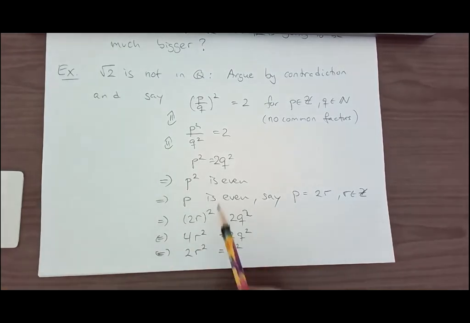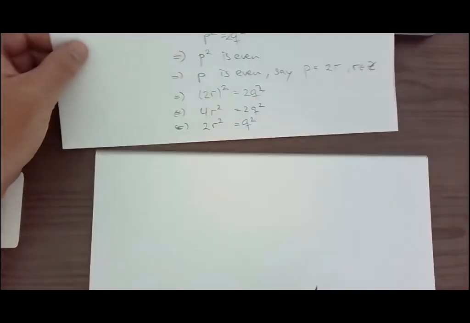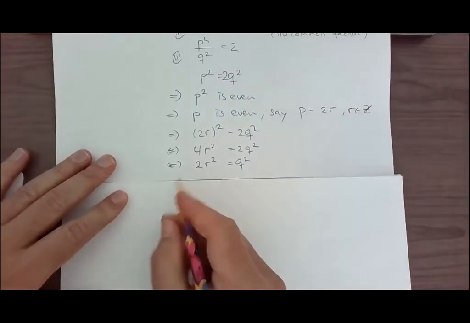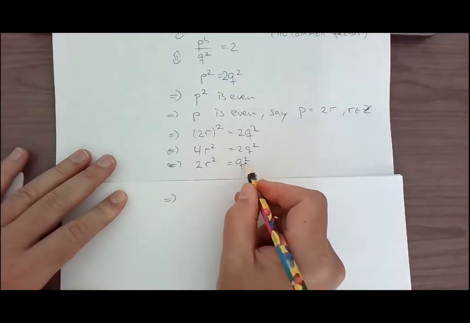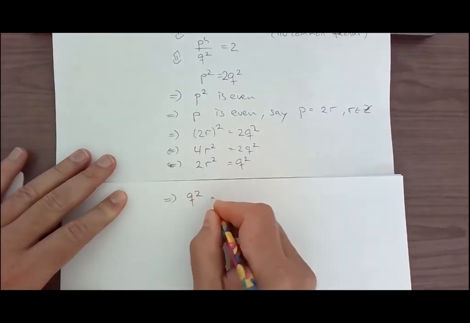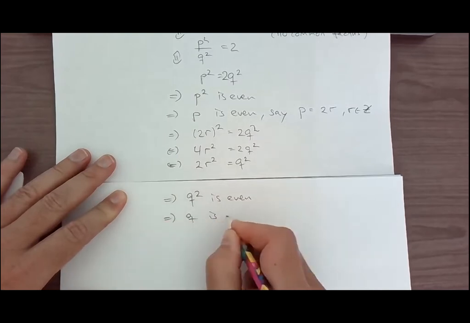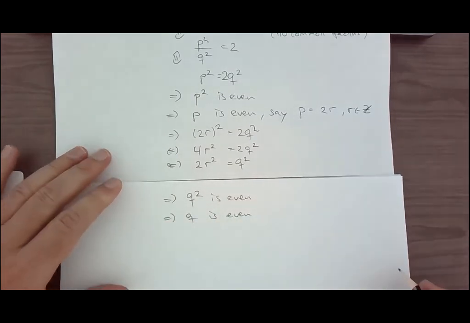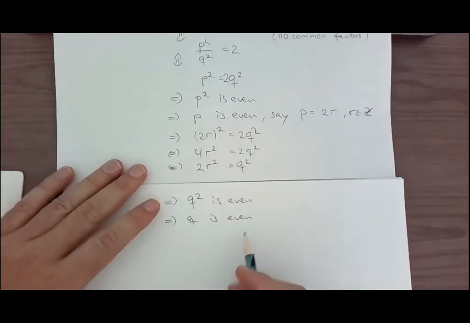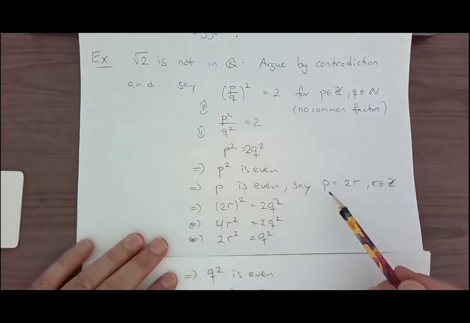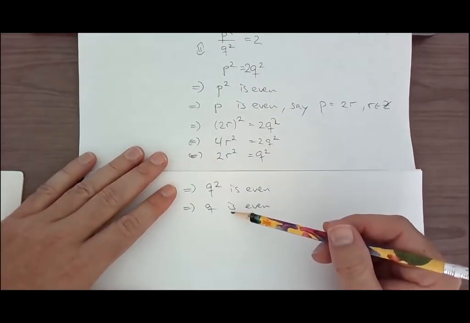So now we have exactly the same situation as what we had up here. That means that Q squared is even. That means that Q is even. So now I have that both P and Q are even.